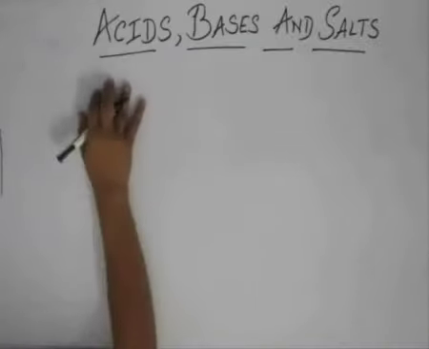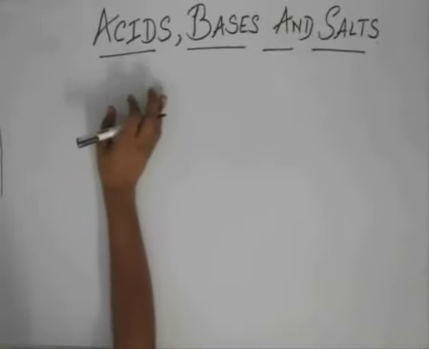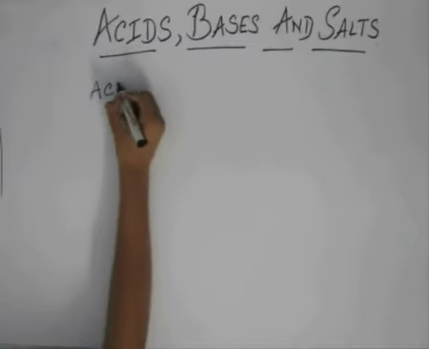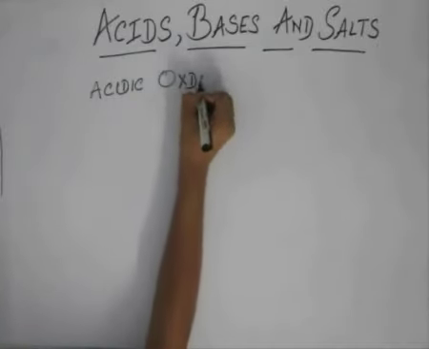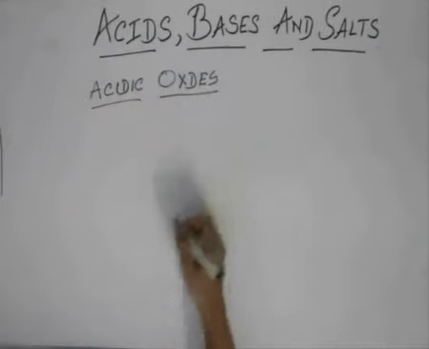Now we were only talking about acids and bases. There are substances which are not actually acids but are acidic oxides.